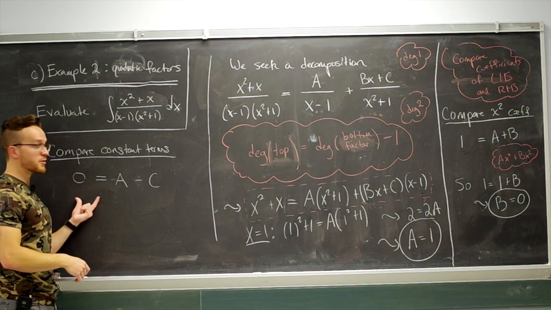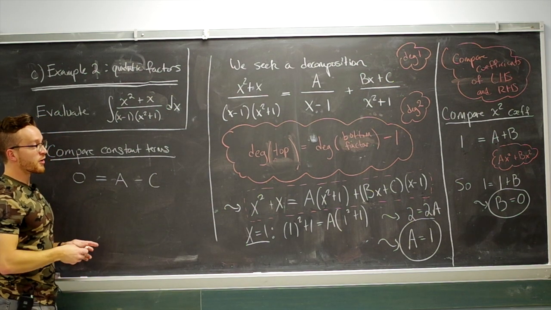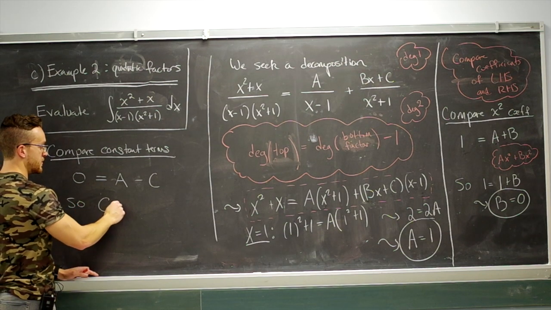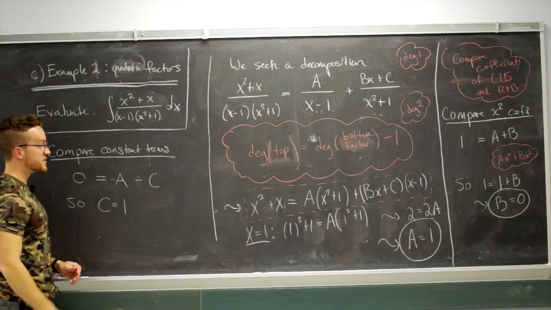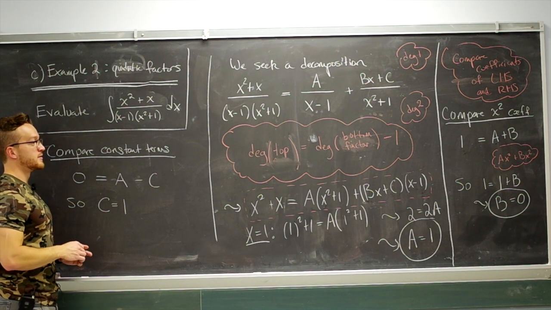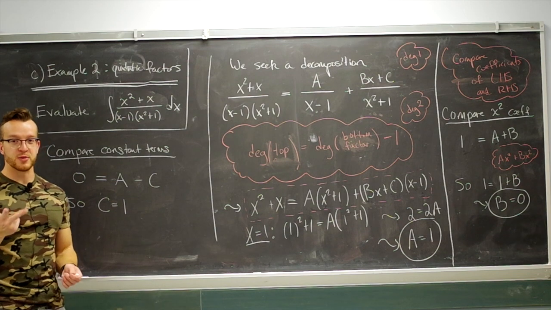There we go, 0 equals a minus c. Again, we already know a. A was 1. So it looks like c has to be 1 as well. Okay, so we've figured out a, b, and c.